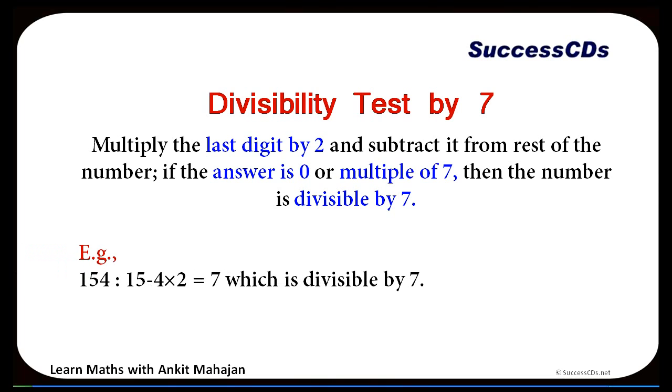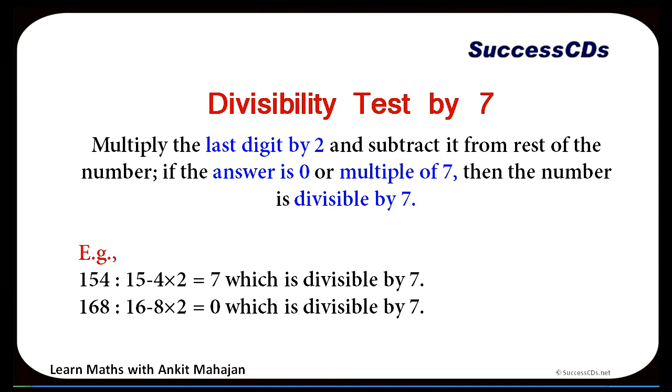Now let's have a look. You take the number 154. The last digit is 4. Multiply the digit 4 with 2. Subtract it from the rest of the number. What we get is 15 minus 8, which is equal to 7. Therefore, this number is divisible by 7.